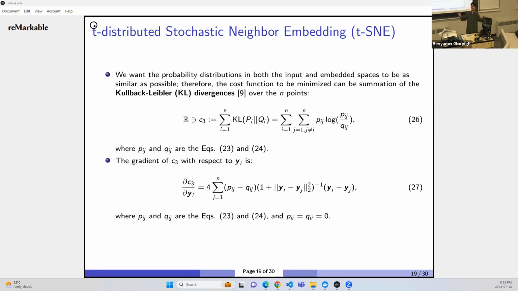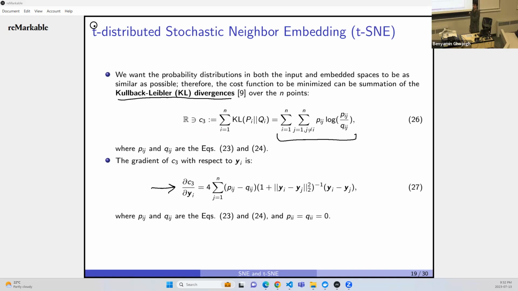Again, we have 2 distributions. Let's minimize the KL divergence. This is the KL divergence between them. And if we take the derivative, this is the derivative of this cost function, equation 26.